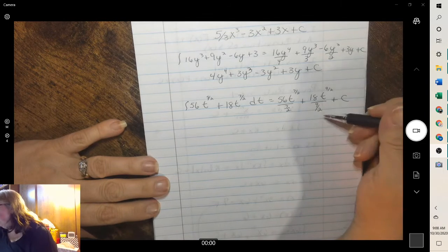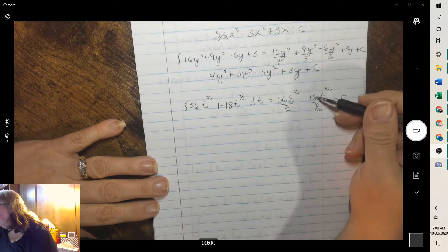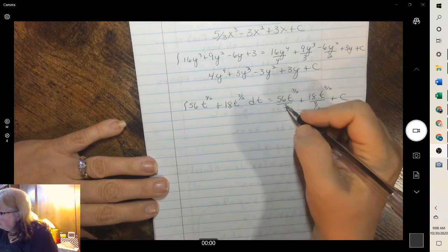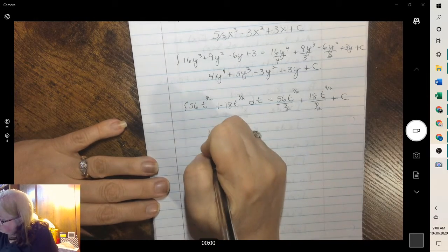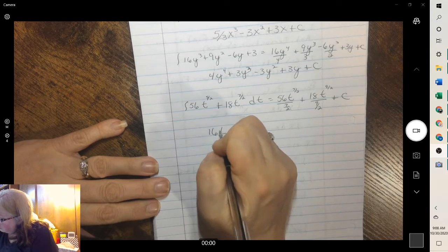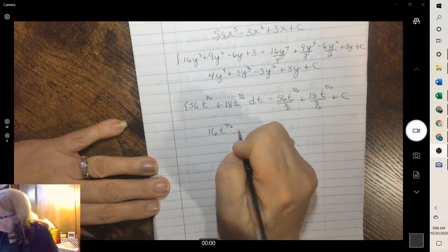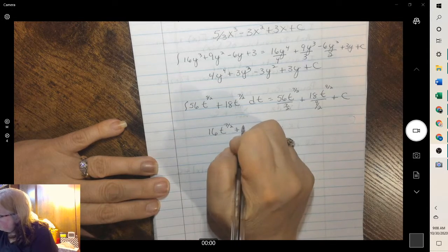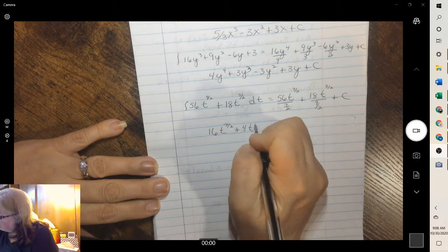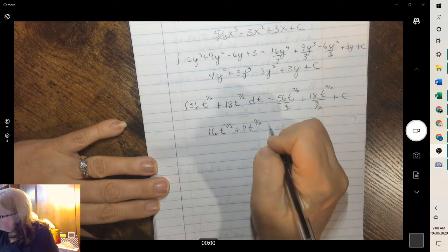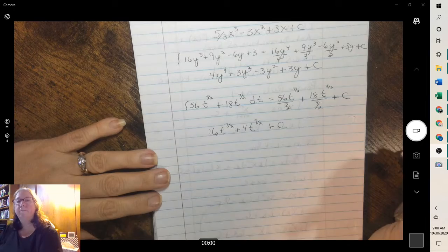Now you can flip this and multiply. So 18 divided by 9 is 2 times 2 is 4. This would be 16. And there you go.